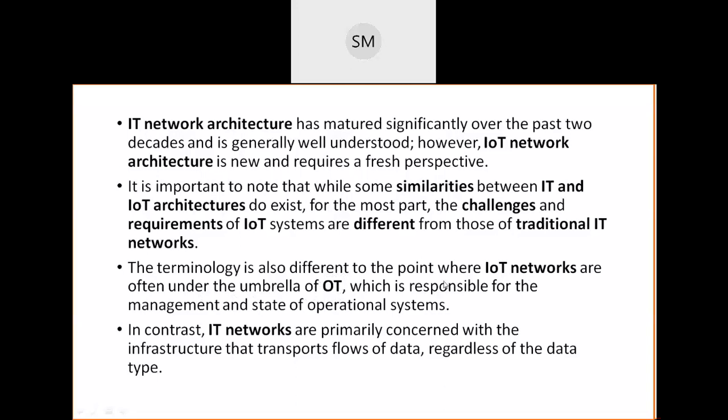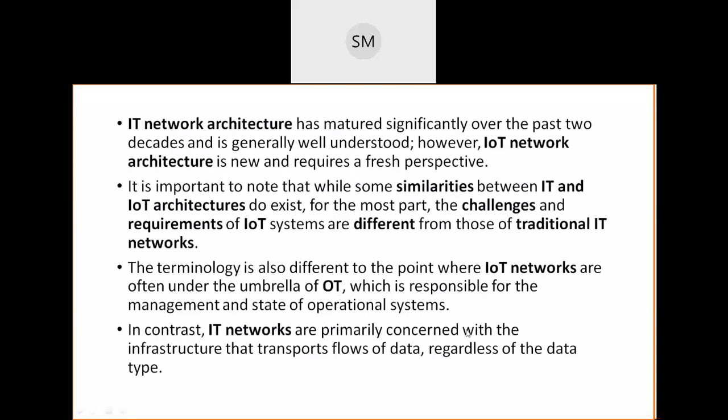Of course, it works under IT also. It works under this umbrella of OT, which is responsible for the management and state of the operational systems. I already told you about this. The OT team is responsible for the management of operational systems.